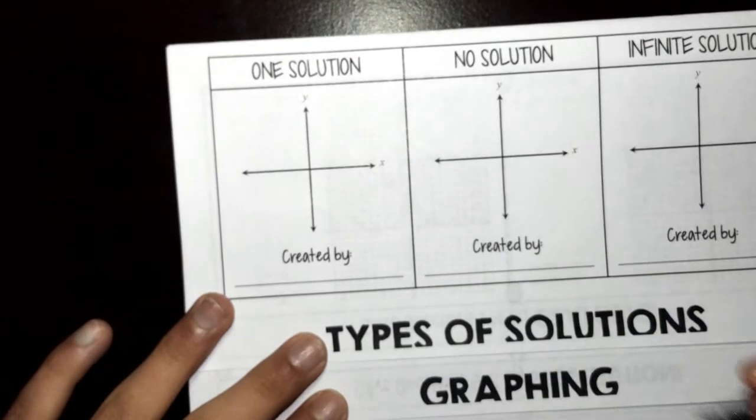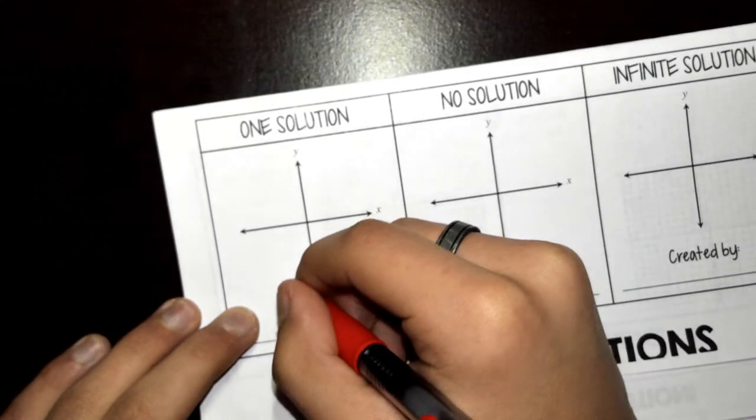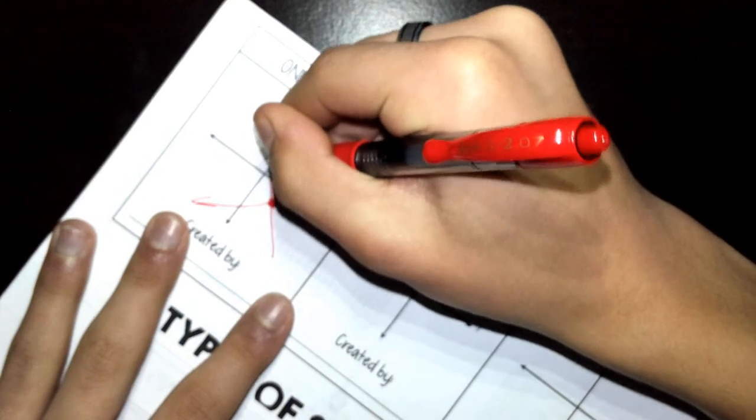So the next thing is the types of solutions. Here are the types of solutions. So one solution would be, let's say right there is a point, and that crosses through it. It's not the best image, but you get the point, and then let's say that's another one.